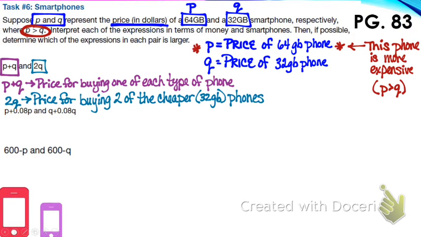One of each, right? Because if you get two of the cheaper phones, it's 2 times that price. If you buy a cheaper phone and a more expensive phone, that's going to be more than if you get two of the cheaper ones, right? So P plus Q is bigger.